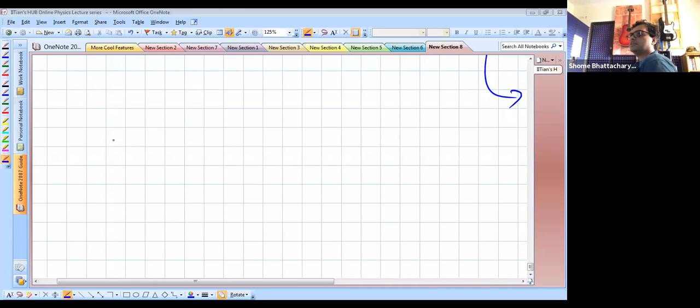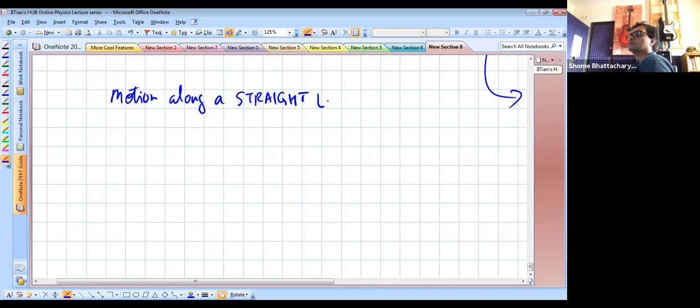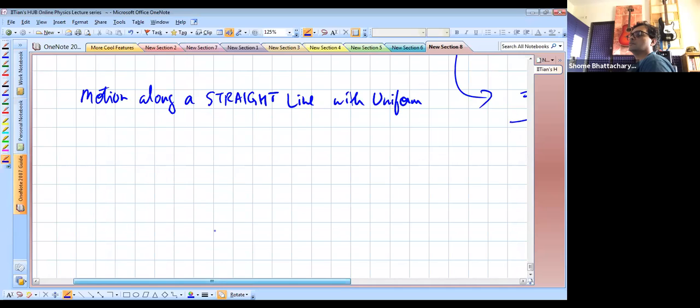We were looking at that earlier. Uniform acceleration.